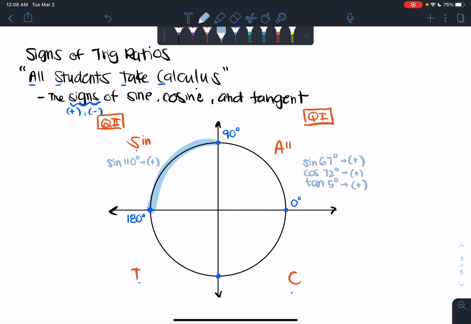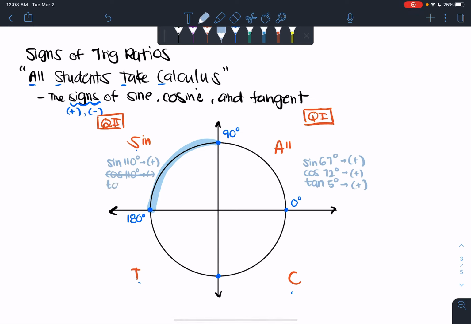But what happens if we took the cosine of the same angle measure, 110 degrees? We end up getting negative 0.3. So this gives us a negative value, meaning cosine is not positive in this quadrant.